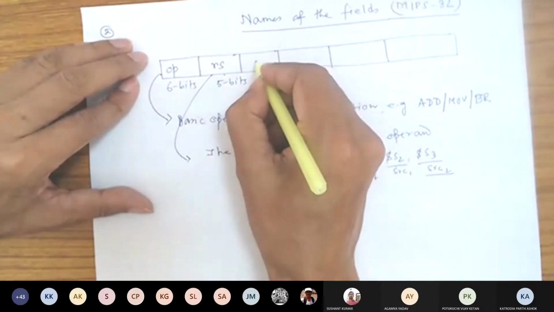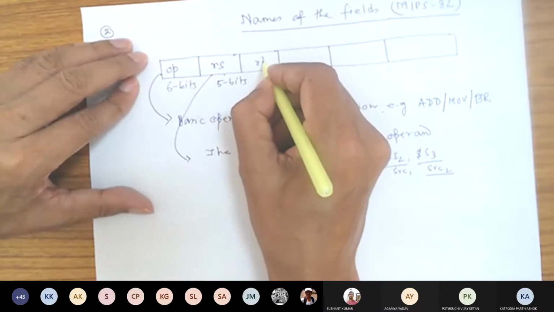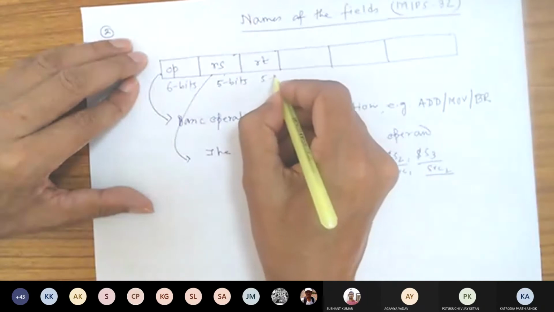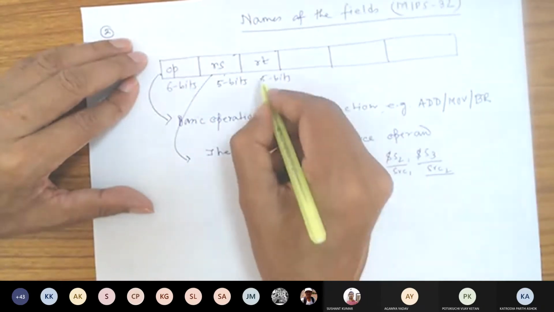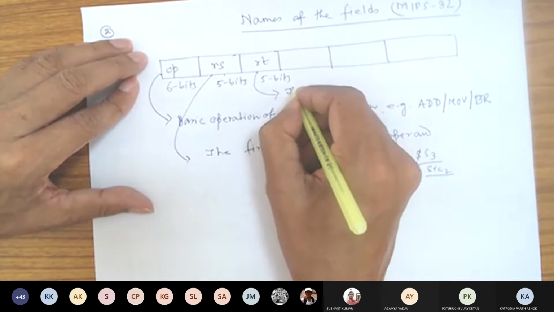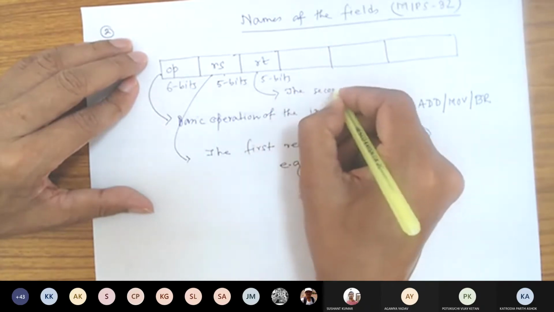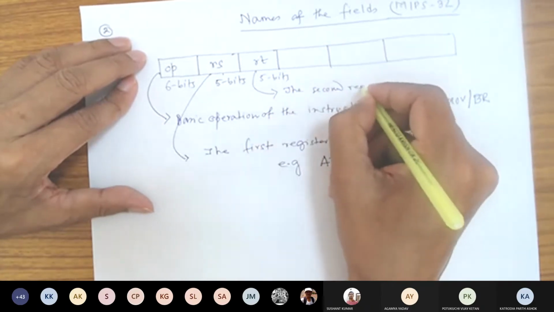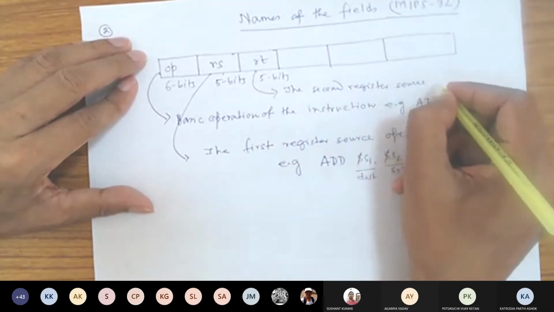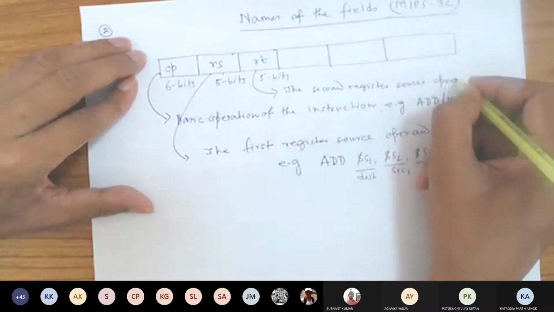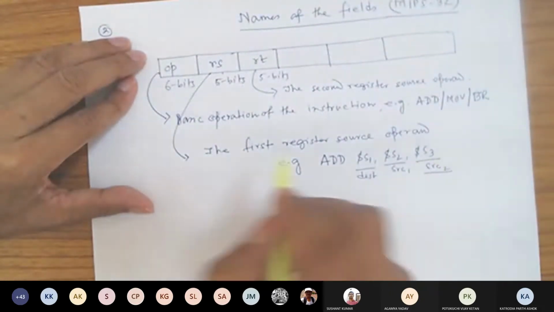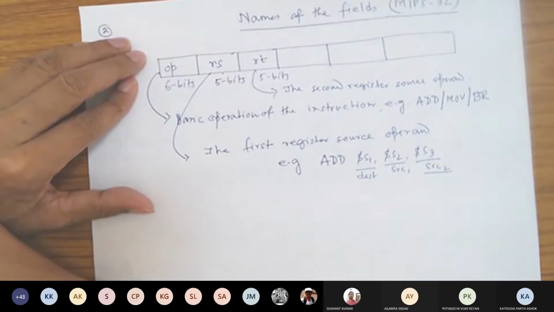The second one is RT. This is again 5 bits. The second register source. In this case, here it is $S3, source 2.